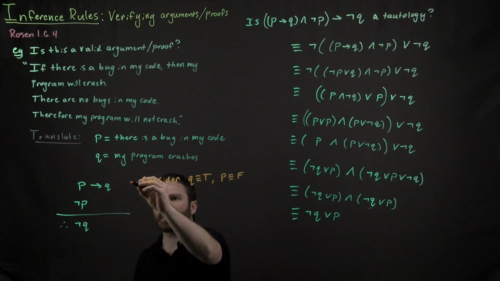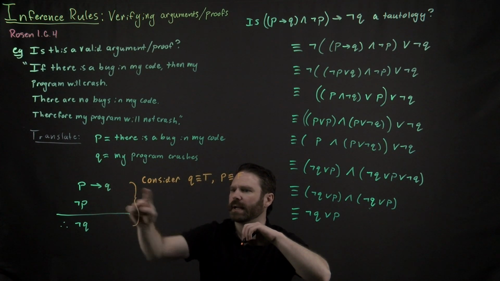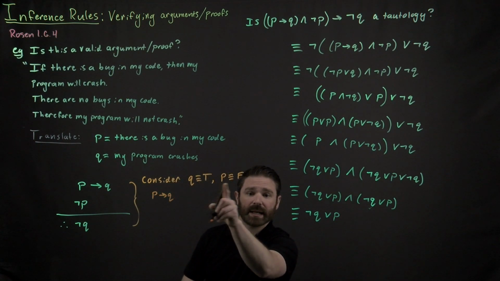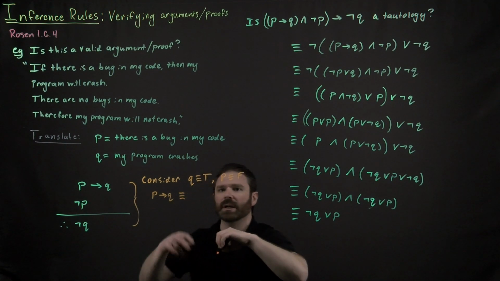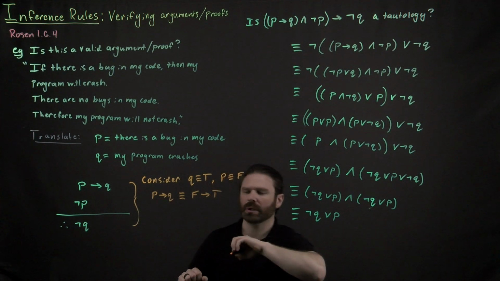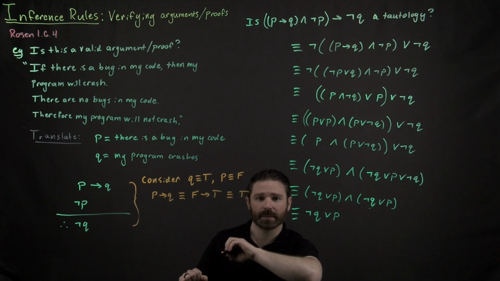So if I consider that case right there, then what do I get? Well, this argument has then turned into the following. P implies Q, in this particular example, is going to be logically equivalent to false implies true. And I know false implies true is a true statement.